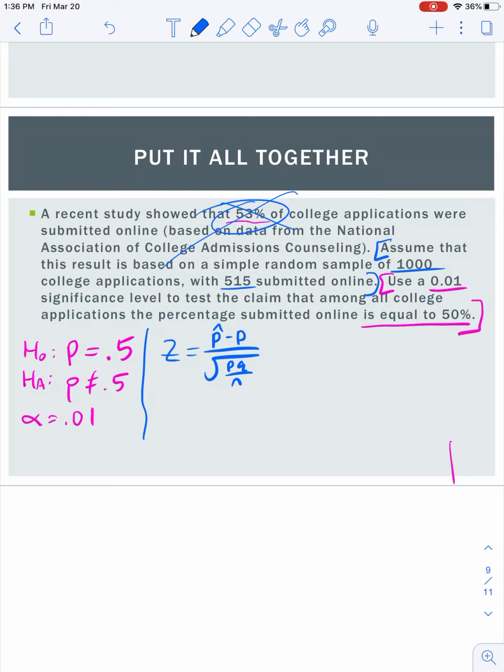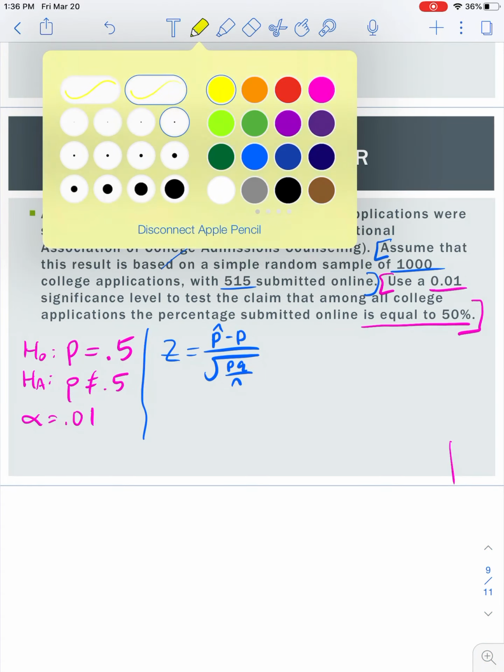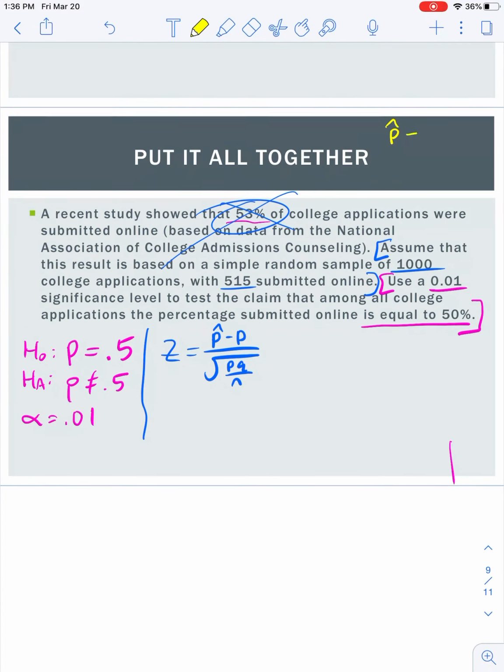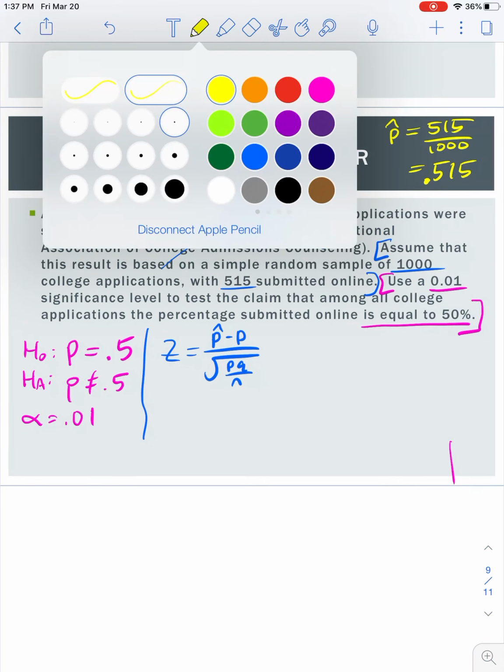So p hat is going to come from this 515 out of 1,000. So I've got to find somewhere to put that information. I'm just going to write it up here. P hat equals 515 divided by 1,000, which is 0.515 if you type it into your calculator. So that's my p hat.